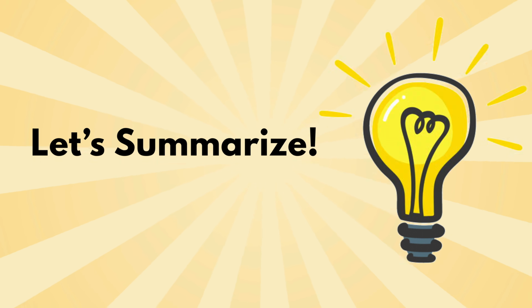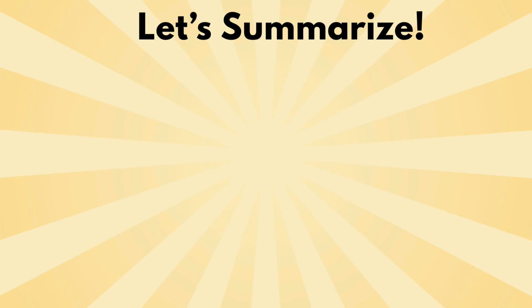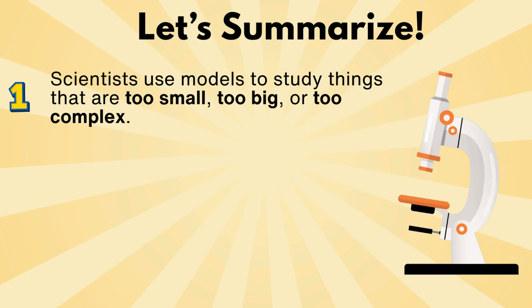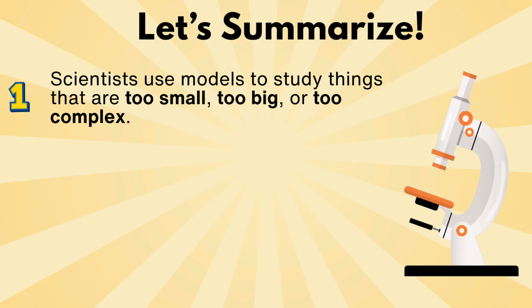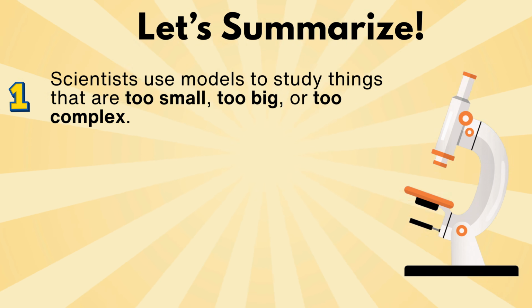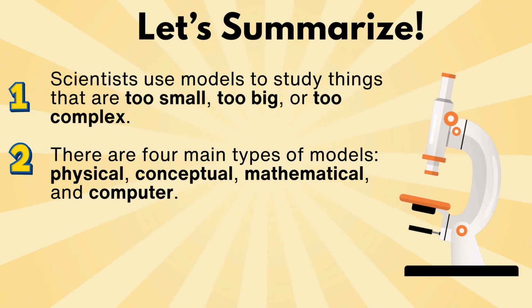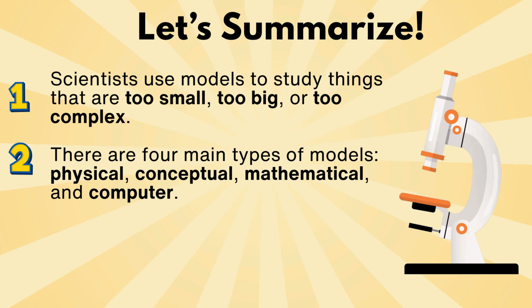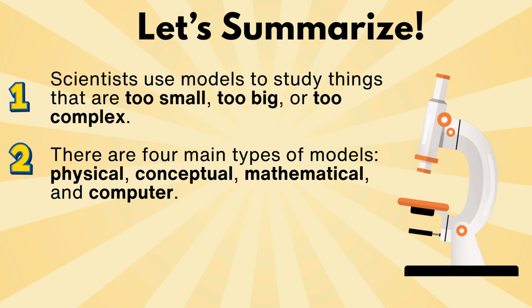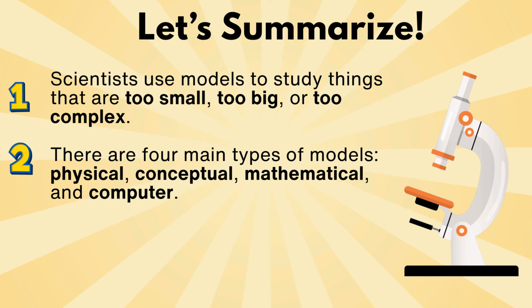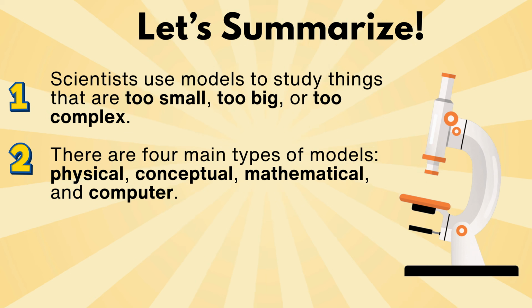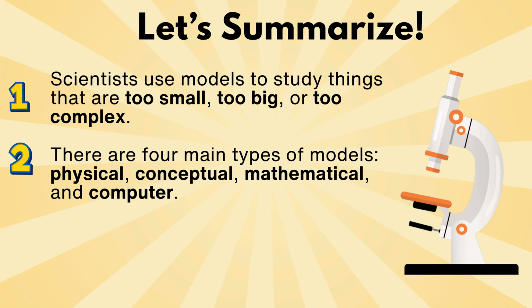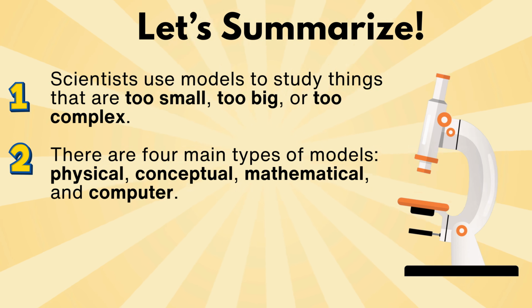So what did we learn today? Remember that scientists use models to study things that are too small, too big, or too complex to see directly. We looked at different types like physical models, like globes and DNA structures, conceptual models like the particle model of matter, mathematical models that use equations, and computer models for things like weather.